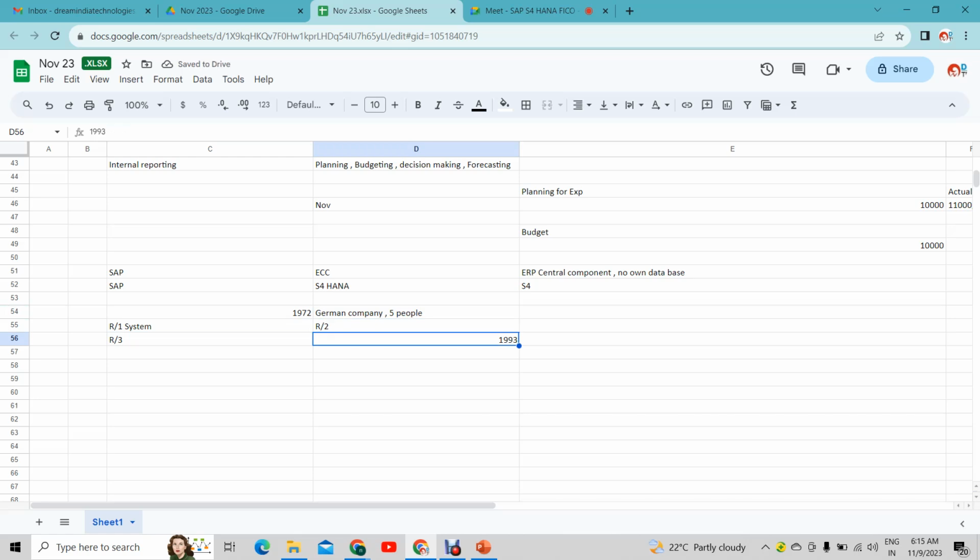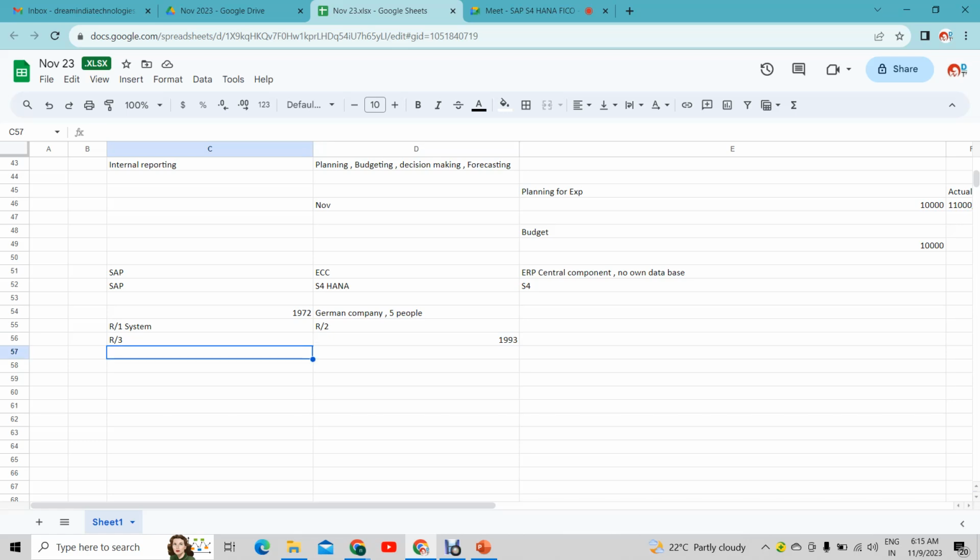It didn't succeed well either, but finally with the R3 version they saw success. It happened in 1993. How many years passed in between? 72 to 93? 21 years, right? They literally struggled for 21 years. They didn't have success, but still they stayed on with their application. Finally, they released the product R3.